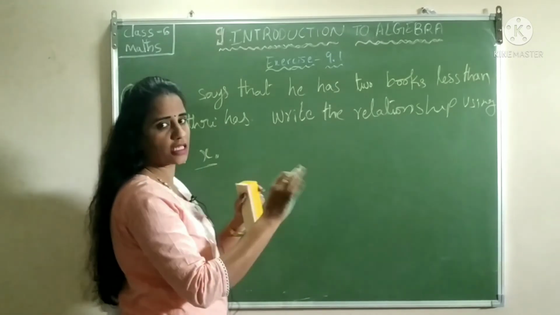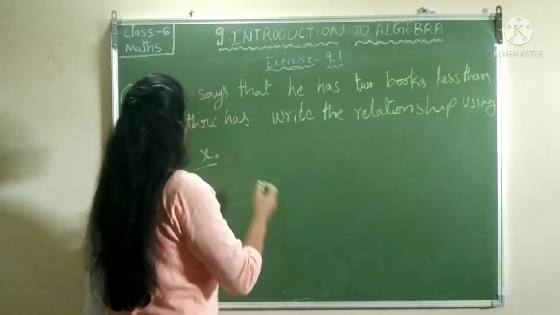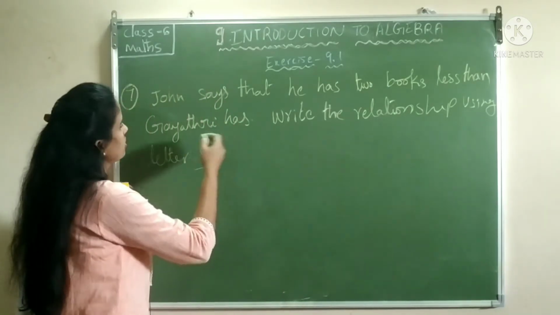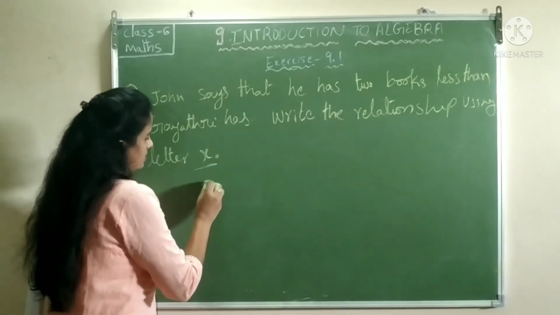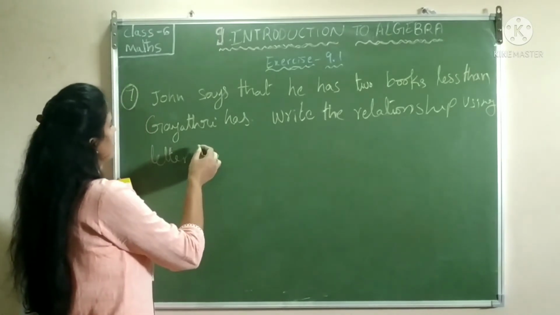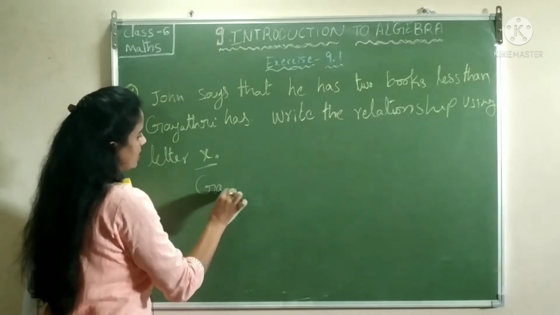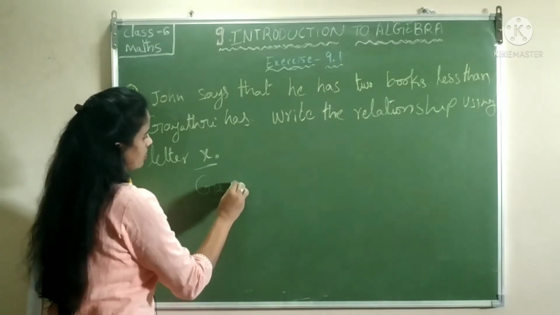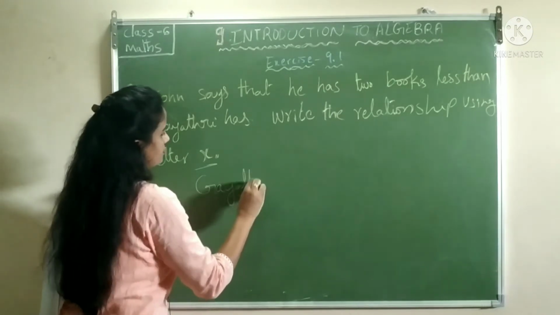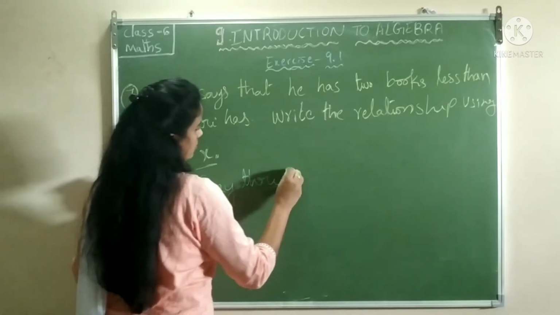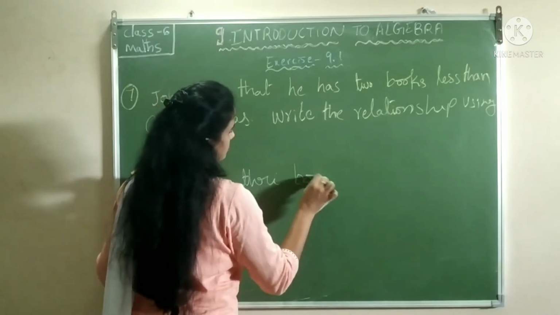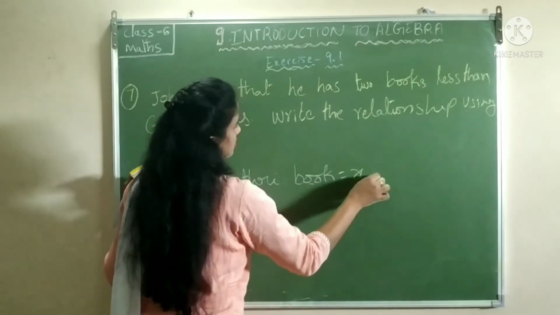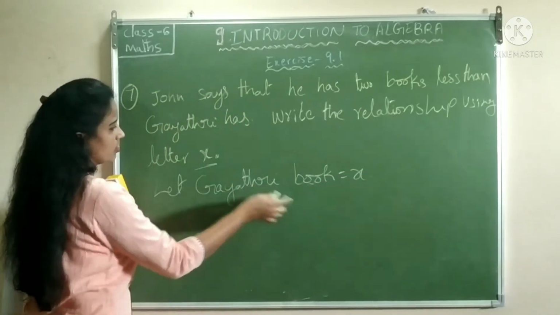So Gayatri's books we also don't know. Suppose Gayatri's books is X. Let Gayatri's books is equal to X.